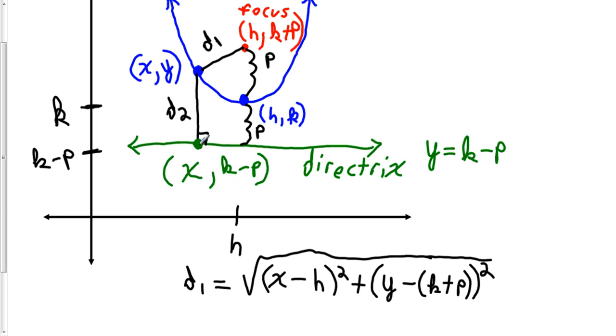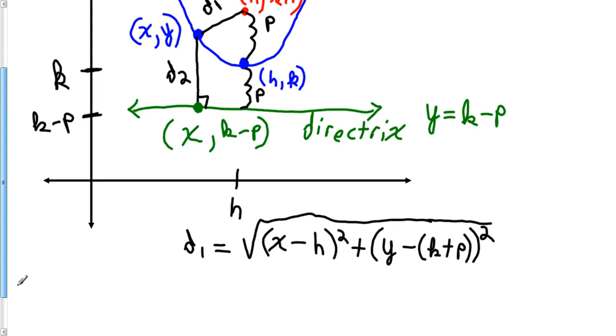So this is that point on the directrix. I want to know the distance between the arbitrary point x, y and this point right here, x comma k minus p. So let's find distance 2.